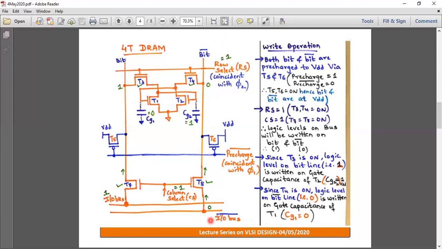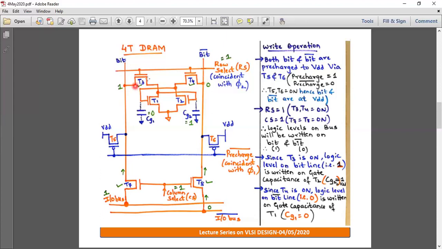The input output bar bus is at logic 0, so this logic 0 will be available on bit bar. Before the write operation, bit bar and bit line were both at VDD. But now bit bar will discharge to 0 because the logic level on the bus is 0. So now the bit line is at 1, and the bit bar line is at 0.